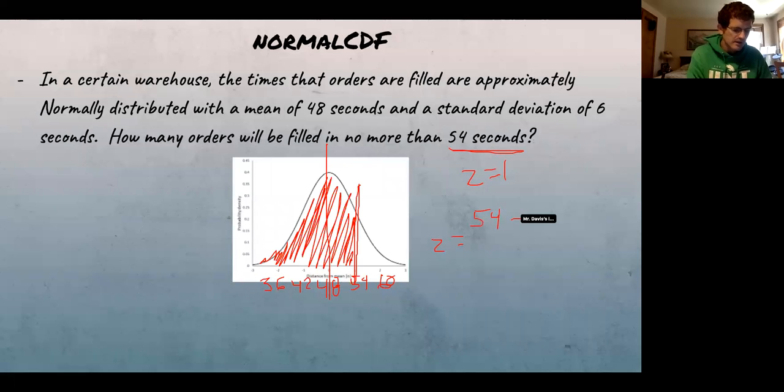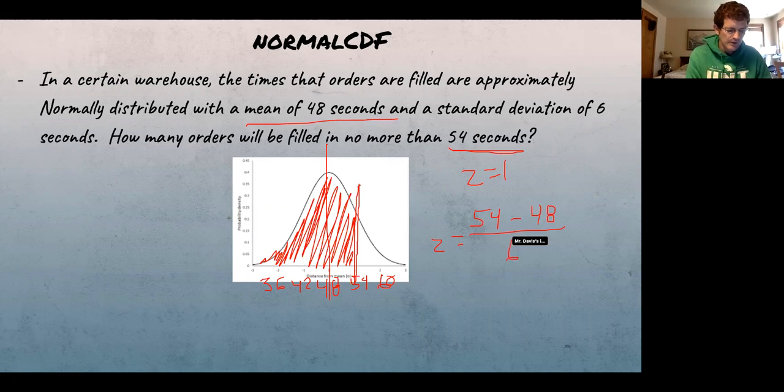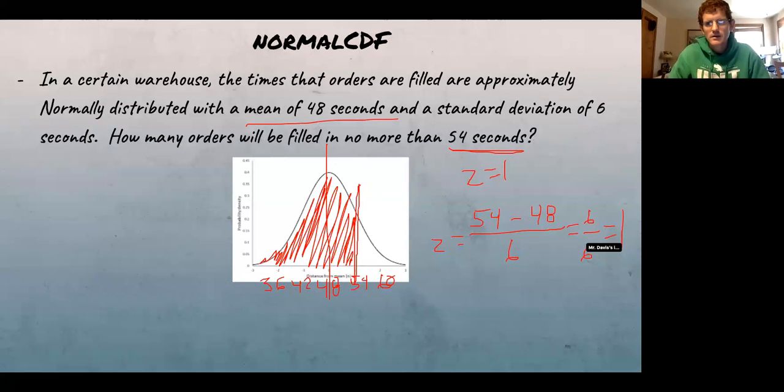The mean is 48. If you're ever not sure which one is your x, it's most likely going to be the value that's not your mean, okay? So 54 is the data point I'm interested in. The mean is 48. It is 1 standard deviation above the mean. I made this first example pretty straightforward.